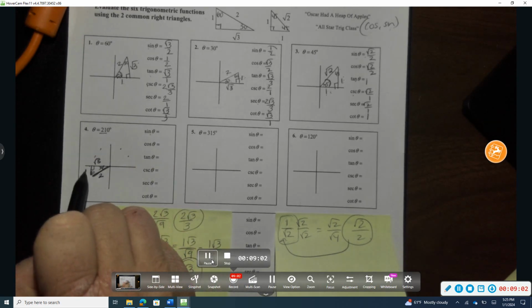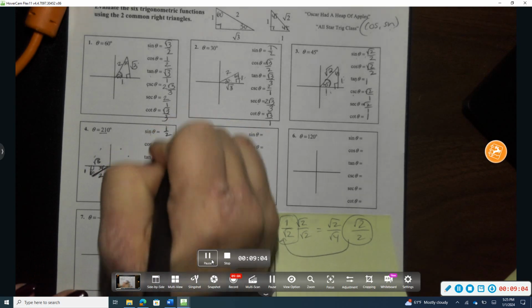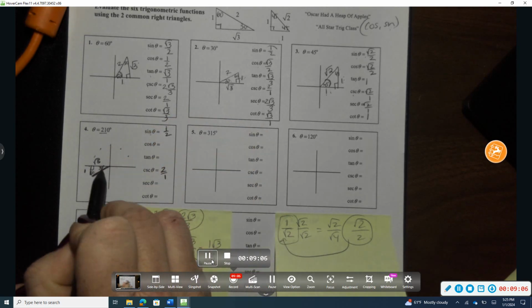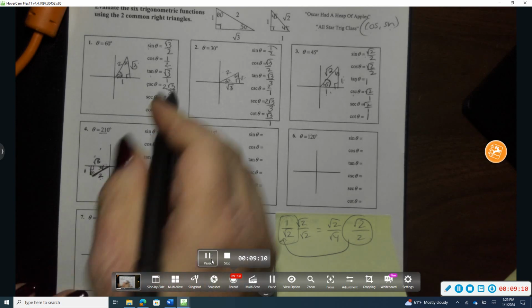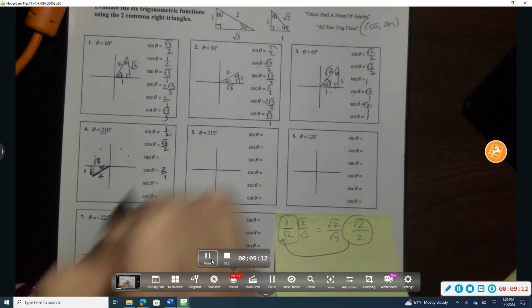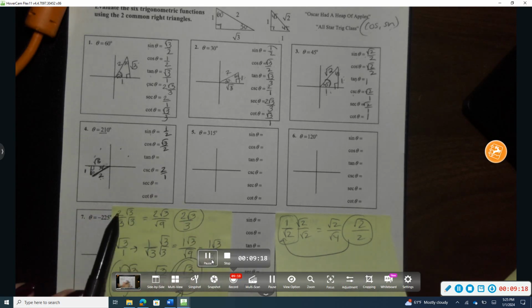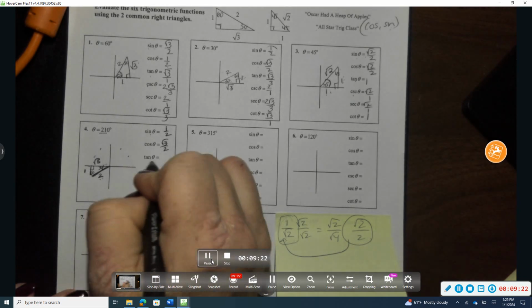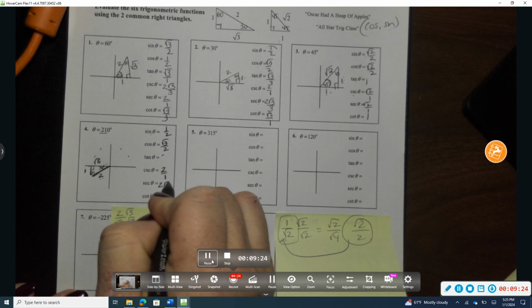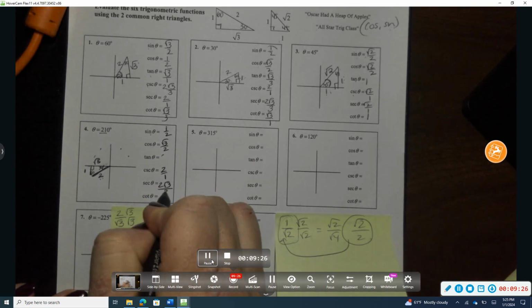Sine is opposite over hypotenuse, so 1/2 and the reciprocal. The cosine is adjacent, radical 3 over the hypotenuse. Now when I take the reciprocal of radical 3 over 2, it's 2 over radical 3. Well, here's 2 over radical 3, so I've already flipped it, but now you put it in proper form to get 2 radical 3 over 3.